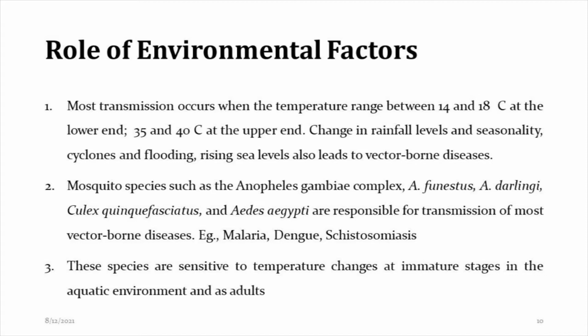Change in rainfall levels and seasonality, cyclones and flooding, rising sea levels lead to vector-borne diseases. Mosquito species are mainly responsible for transmission for most of the vector-borne diseases. Example, malaria, dengue and schistosomiasis. These species are sensitive to temperature changes at immature stages in the aquatic environment and as adults.